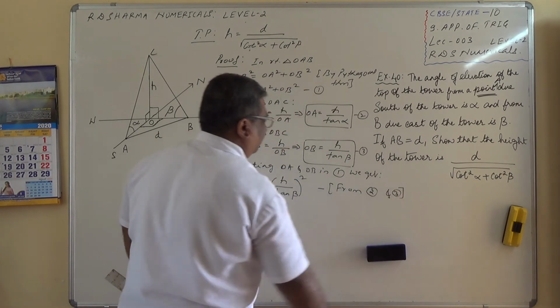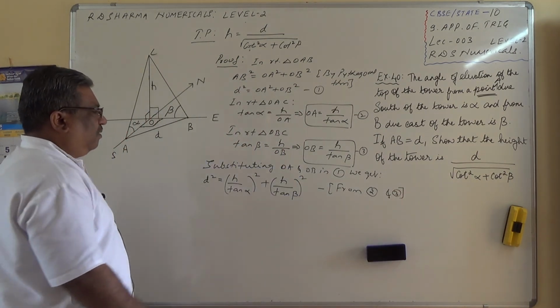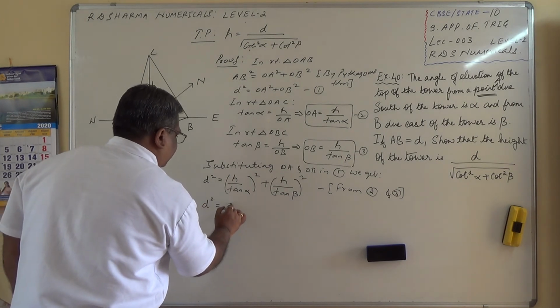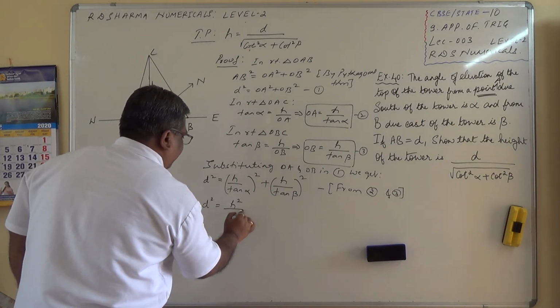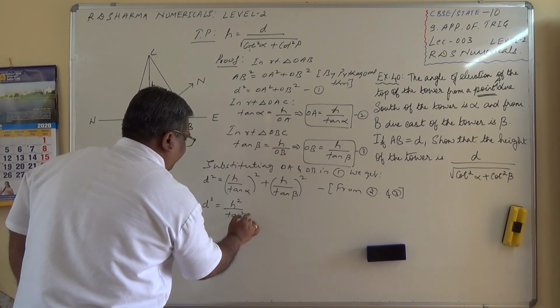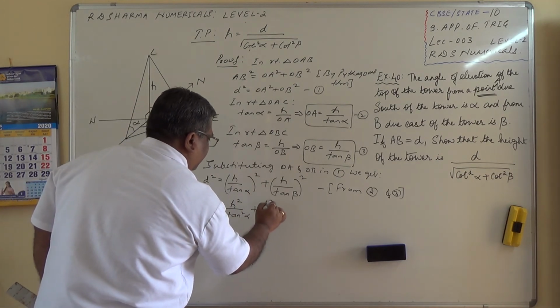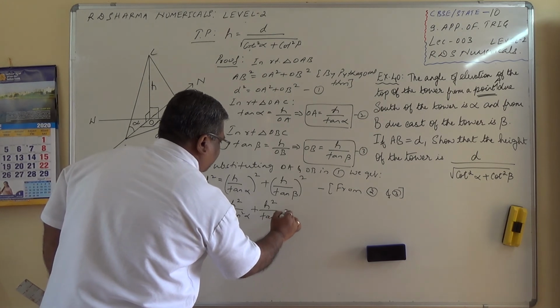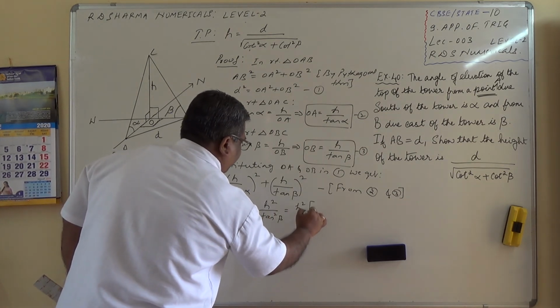Now this also can be written as d square equals h square by tan square alpha plus h square by tan square beta, which is h square take common.